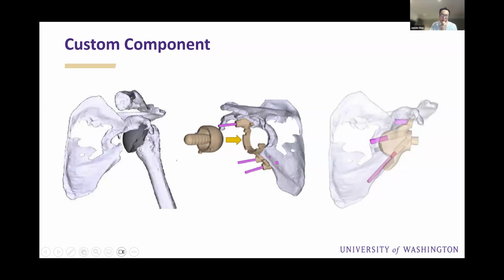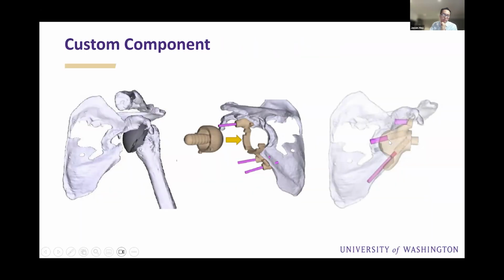And you can see there was severe medialization. And in this case, you use patient-specific instrumentation. In this case, we actually used an acetabular reamer to get a sphere of bone here that we could then implant a custom device into that area.